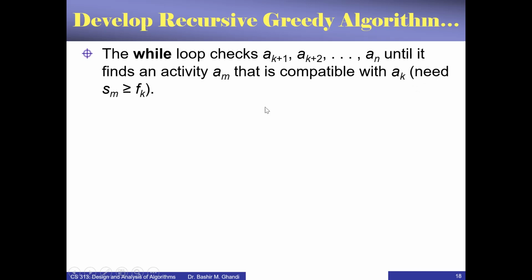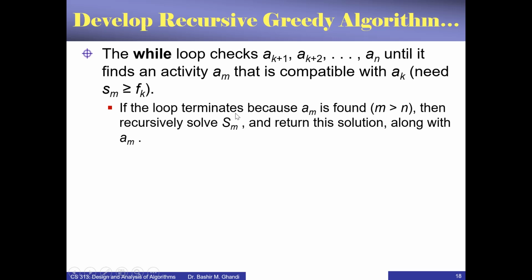In other words, its starting time is after fk. If the loop terminates because am is found, then we're going to recursively solve for sm and return this solution along with the am. That's why we're taking the union there.